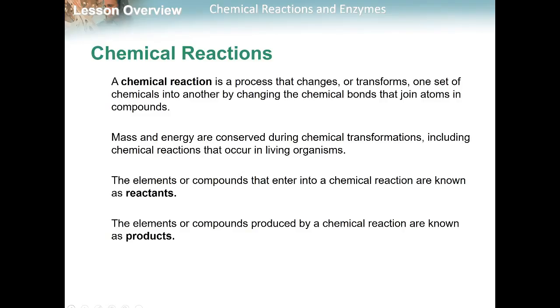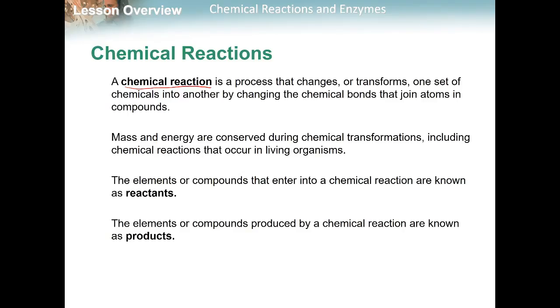So by definition, as we can see here, a chemical reaction is a process that changes or transforms one set of chemicals into another by changing the chemical bonds that join the atoms in the compounds. So remember when we were talking about sodium chloride, and I said to you that sodium had the property of being a metal that was explosive in water, and chlorine had the properties of being a greenish, toxic, poisonous gas.